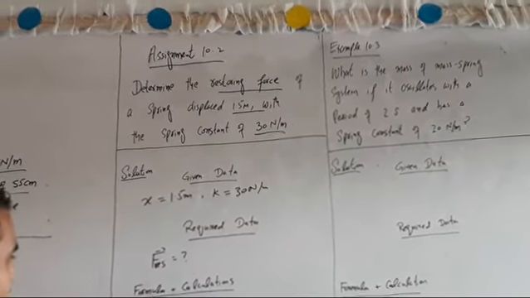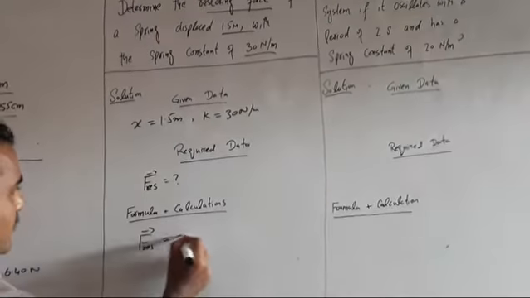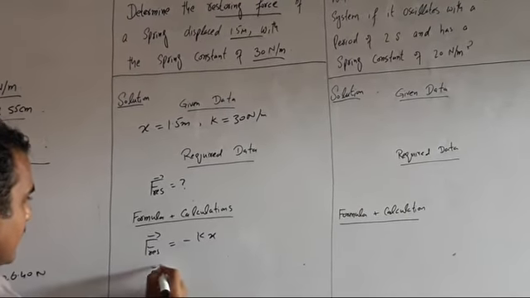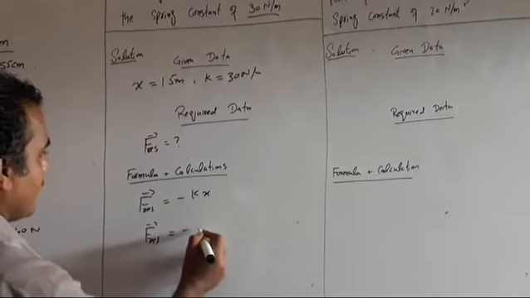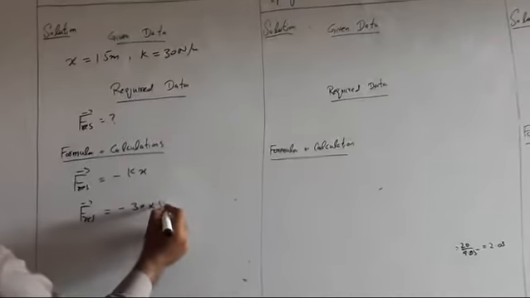Now using the same equation, F restoring is equal to minus Kx, putting the values, we will get minus 30 multiply 1.5.